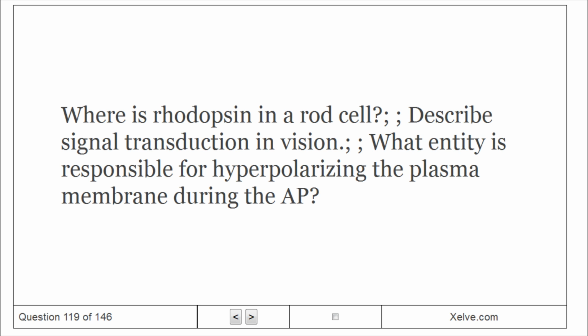Where is rhodopsin in a rod cell? Describe signal transduction in vision. What entity is responsible for hyperpolarizing the plasma membrane during the AP?